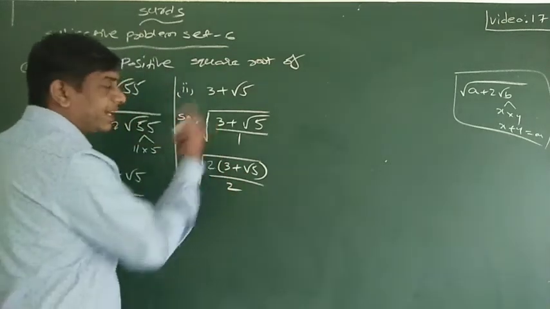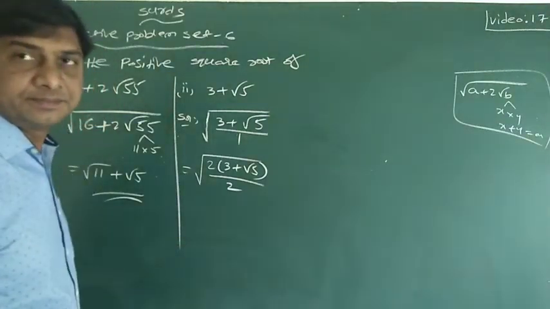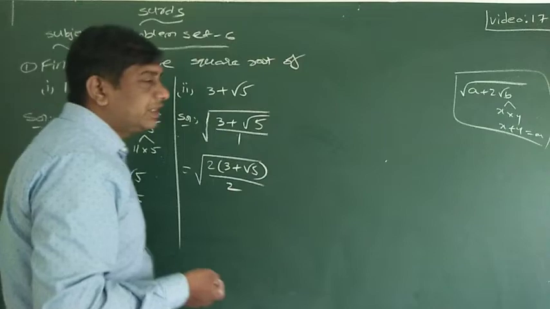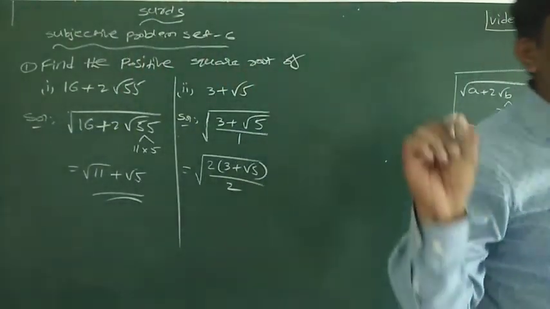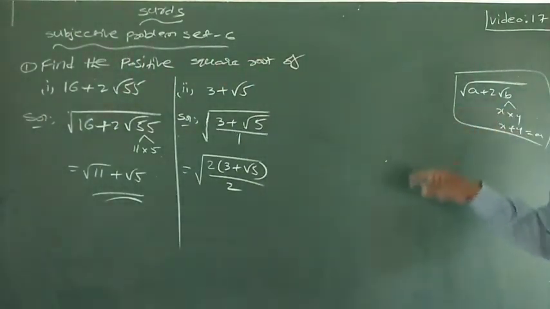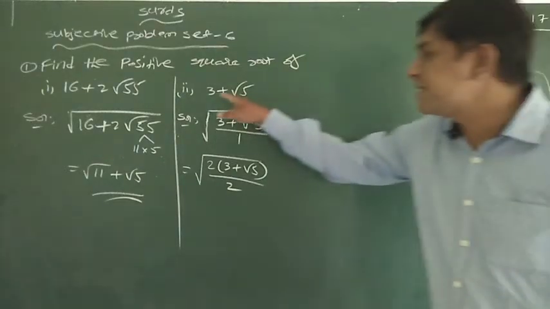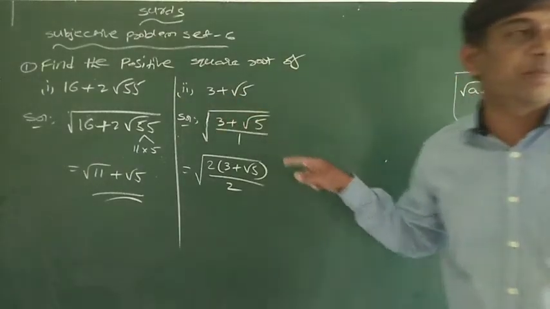The 2 cancels, and again you get the question as it is given. I know the procedure to find the square root of a surd when it is in the form of a plus 2 into root b. But here this is not in the form of a plus 2 into root b.